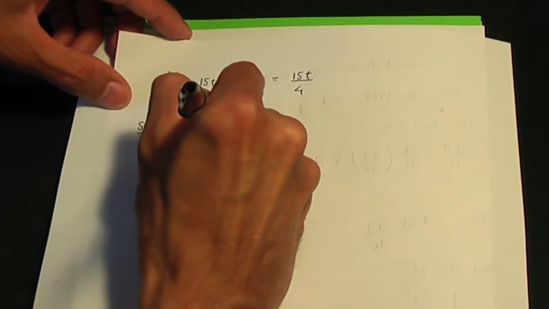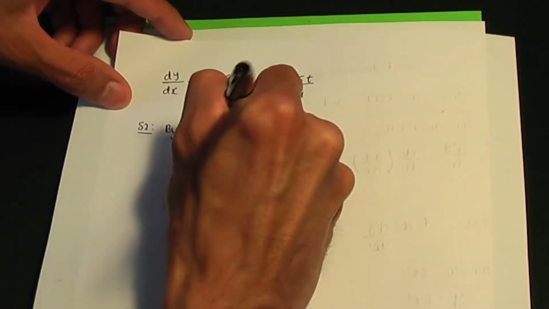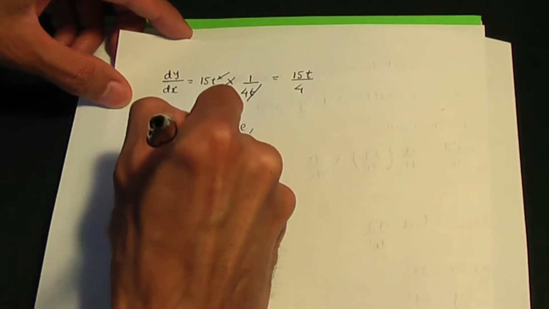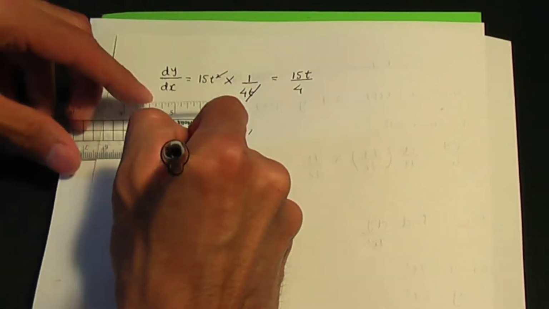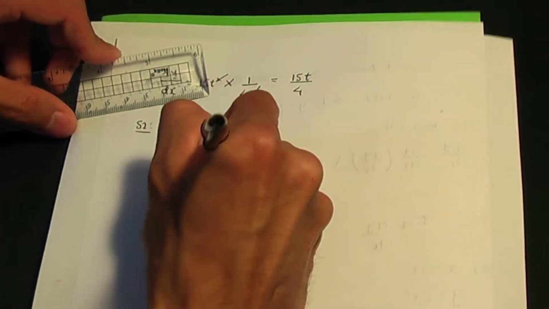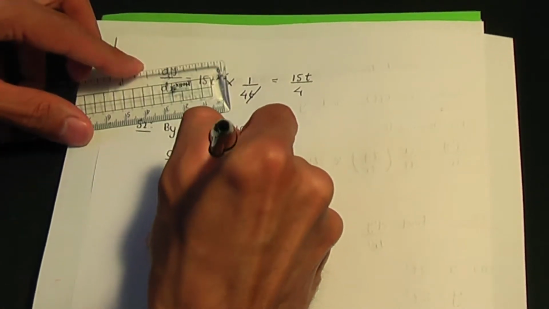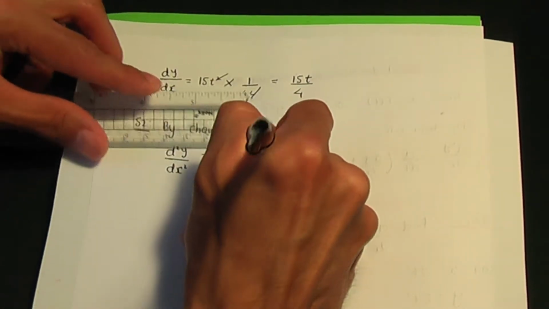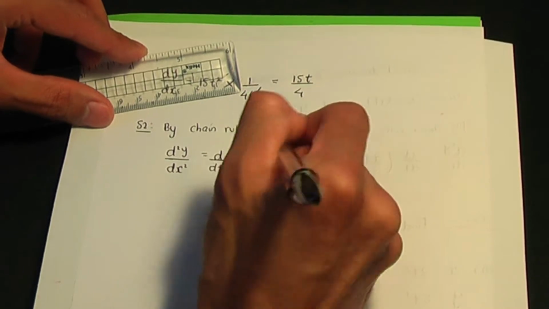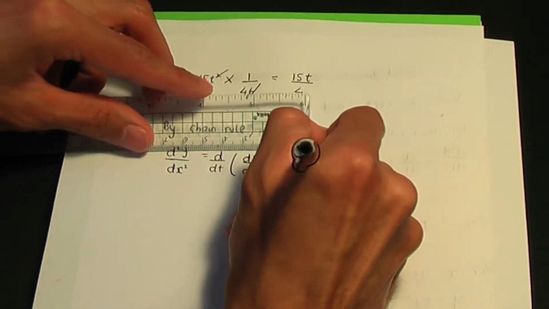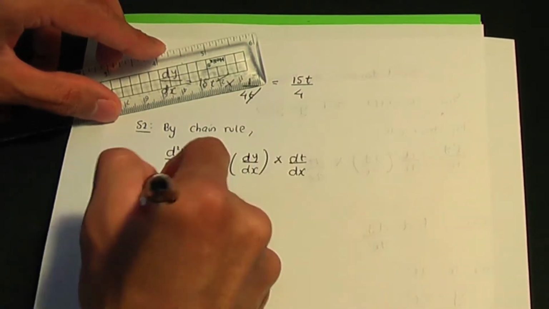So by chain rule, d²y by dx squared is d by dt of dy over dx, multiplied by dt over dx.